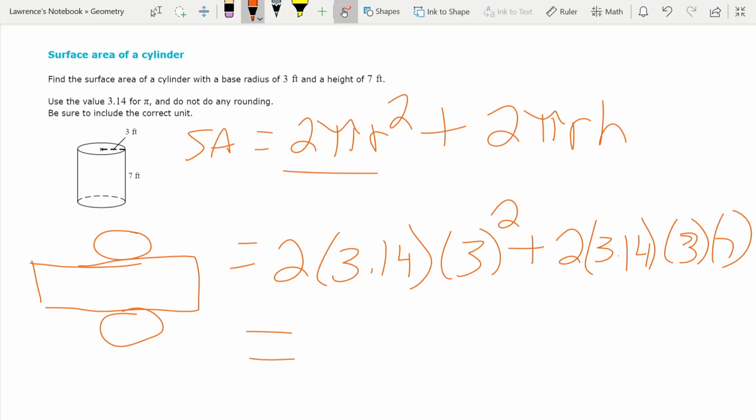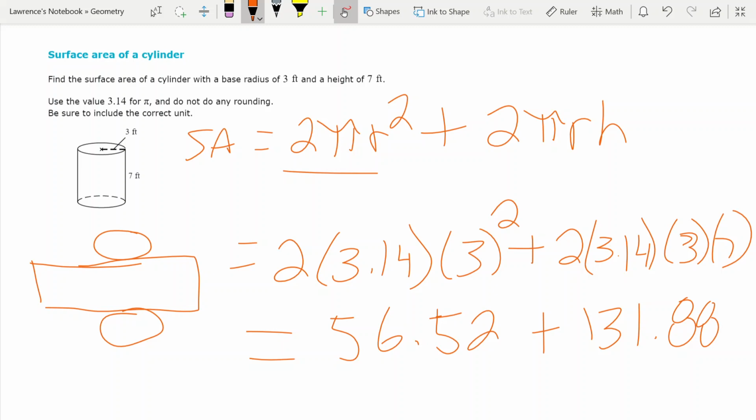Let's see here. 2 times 3.14 times 9 is about 56.52, plus 2 times 3.14 times 3 times 7, which is about 131.88.